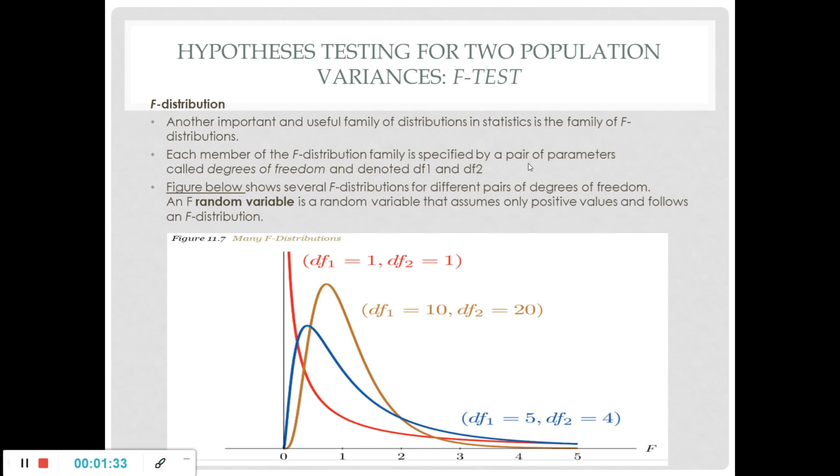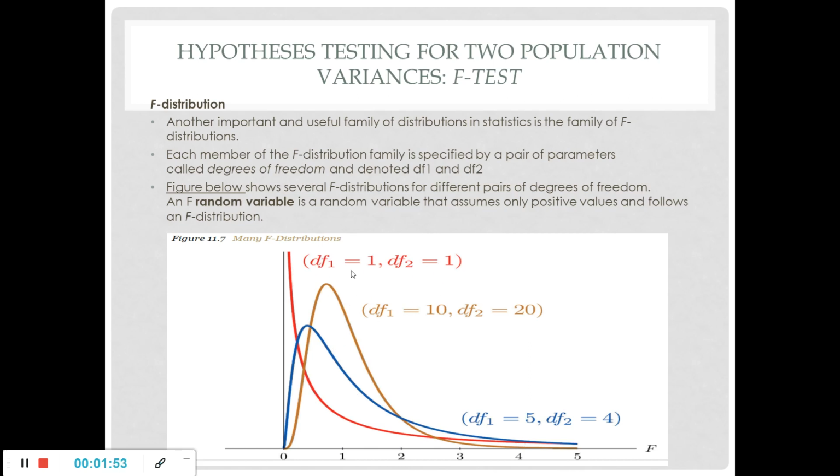So you have 0 at the left end of the distribution, and you have different shapes of the F distribution with respect to two degrees of freedom.